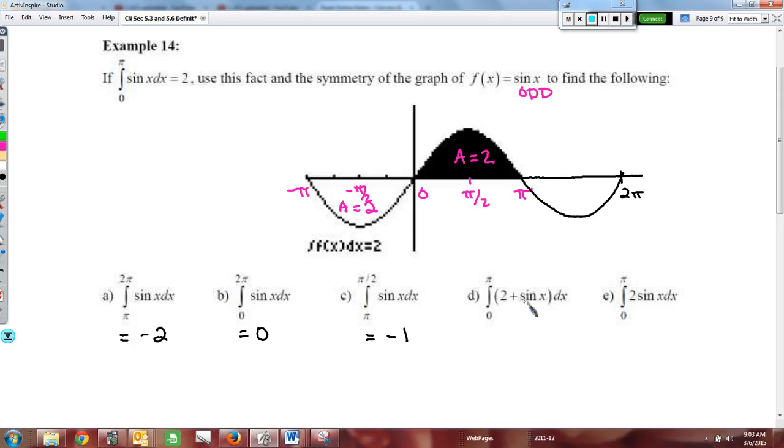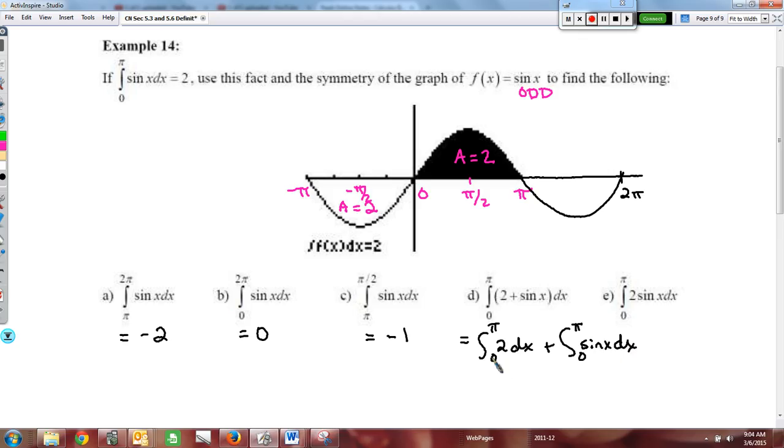All right, now over here, this is where you have to be careful, okay? Don't just add 2 to 2 and get 4. You got to remember your properties, that if I'm going to integrate over a sum, I have to take the integral from 0 to pi of 2 dx plus the integral from 0 to pi of sine of x dx.